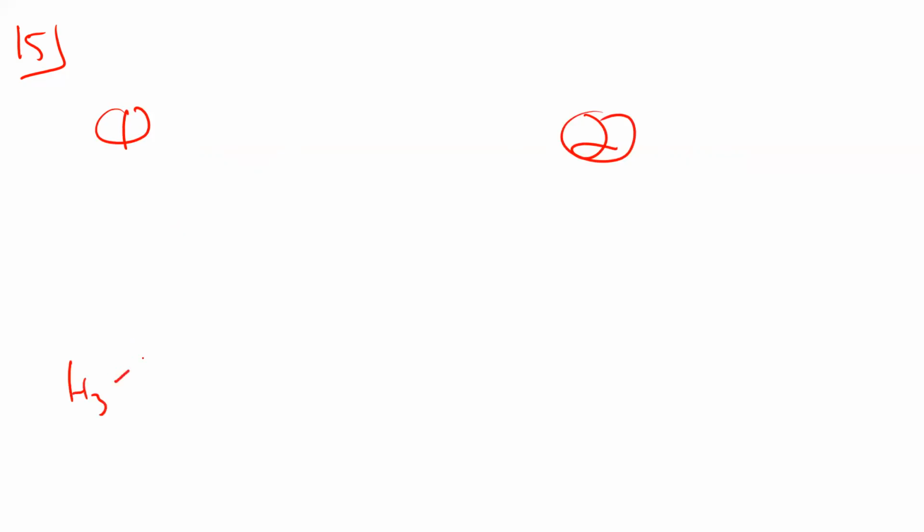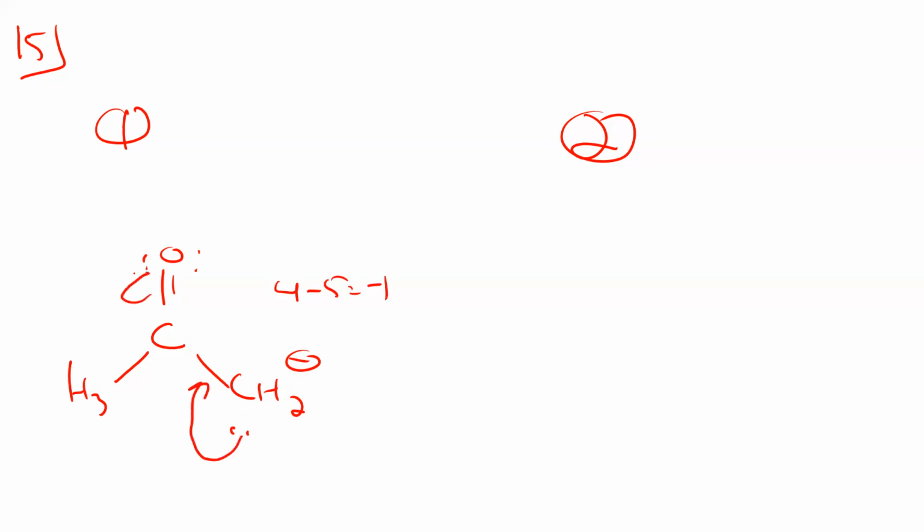Here we have HC. This is negative because 4 minus 5 equals -1. So what's going to happen is you're going to put these right here, and these are going to come up on the oxygen.